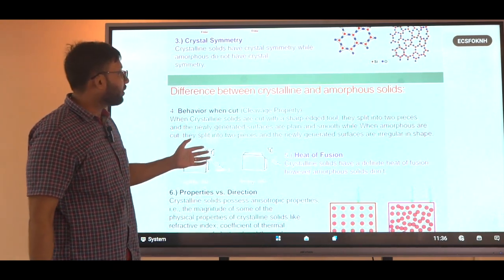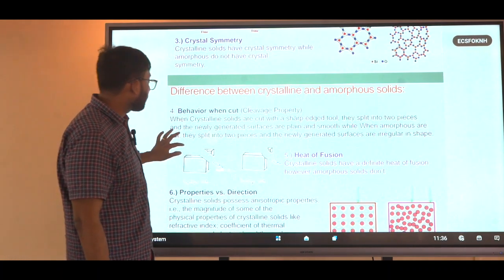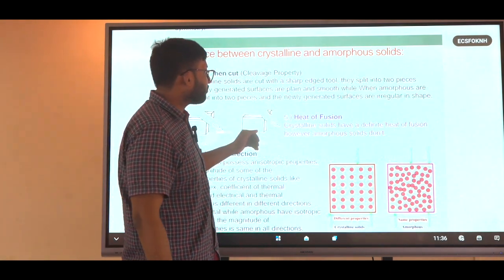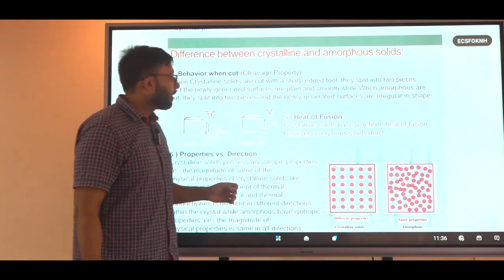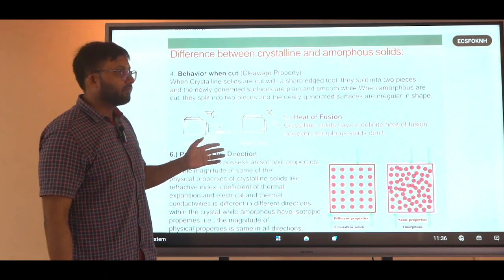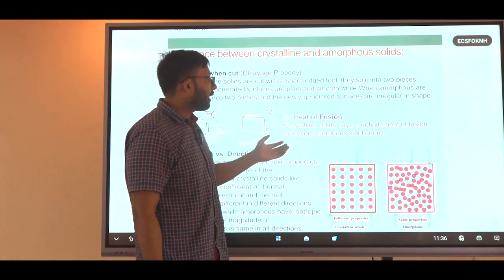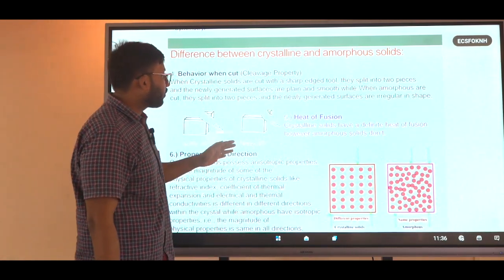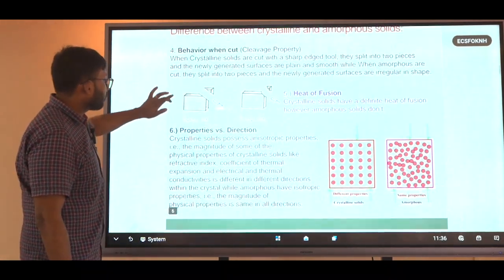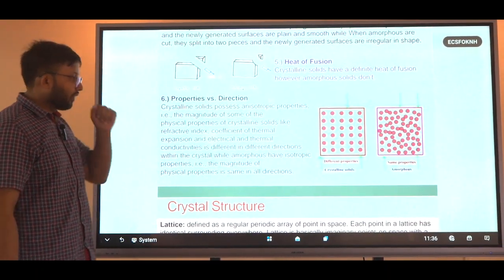On that basis also we can distinguish between the crystalline and the amorphous solid. Now the fifth point is heat of fusion. Just like temperature, crystalline and amorphous solids have the same behavior. For crystalline, we have a definite heat of fusion, but for amorphous solid, we don't have a definite heat of fusion.